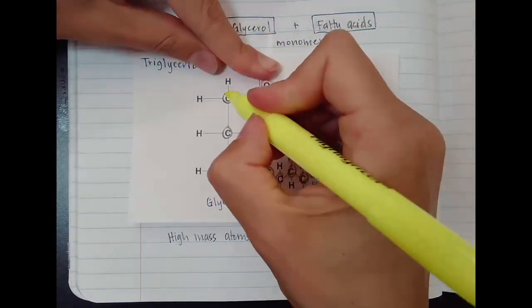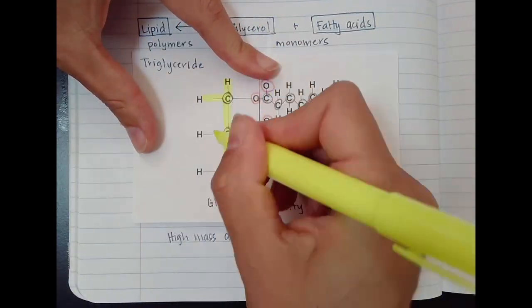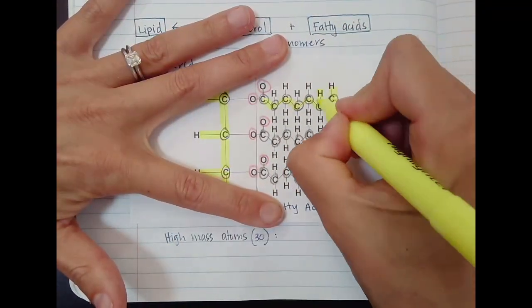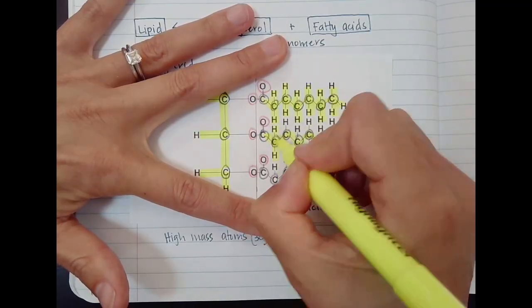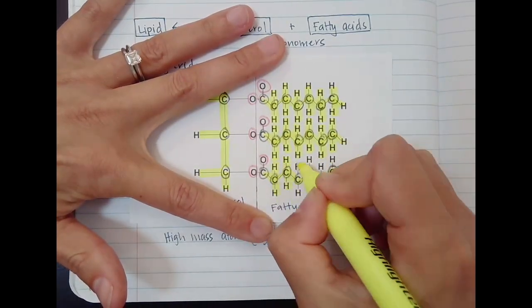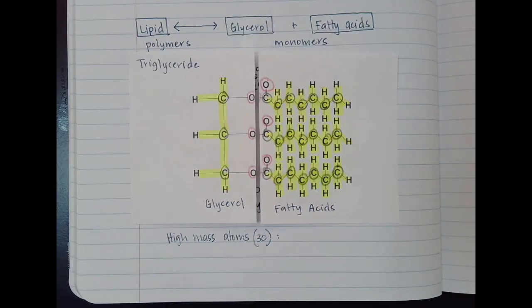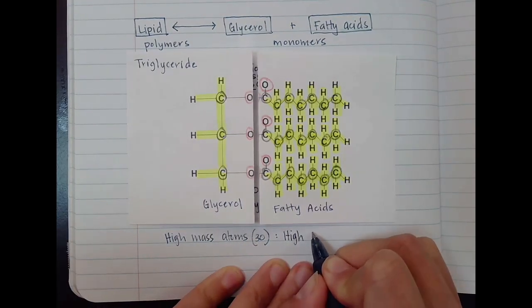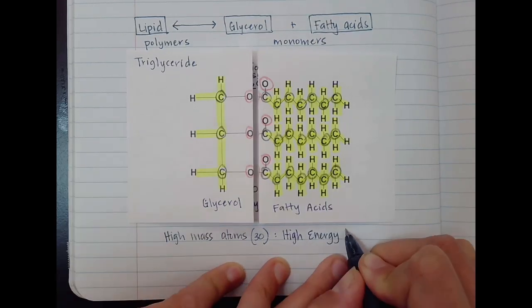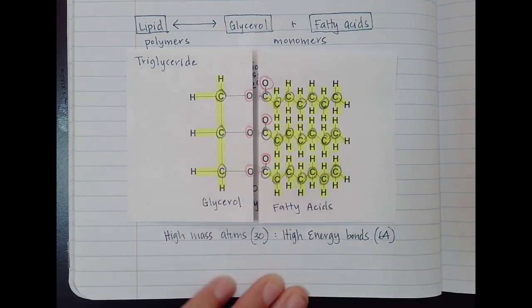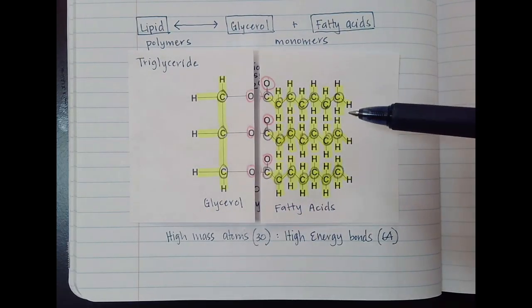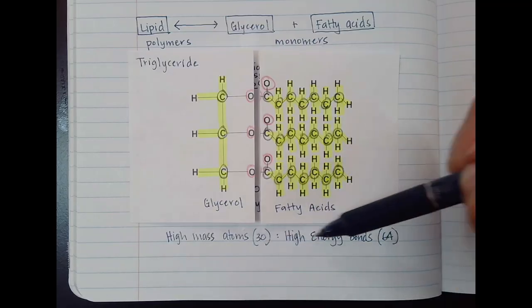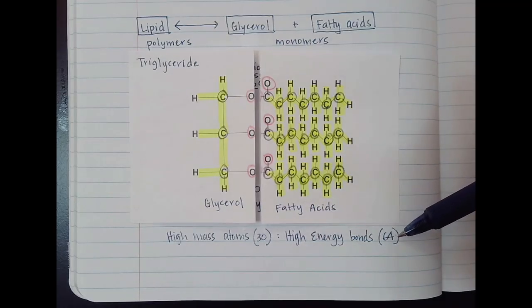Again, there's a lot, so I'm going to count in my head. From my highlighting, you can see that this one has a whole bunch of energy. In fact, it has 64 high energy bonds. So for each high mass atom, I now have about 2 high energy bonds.